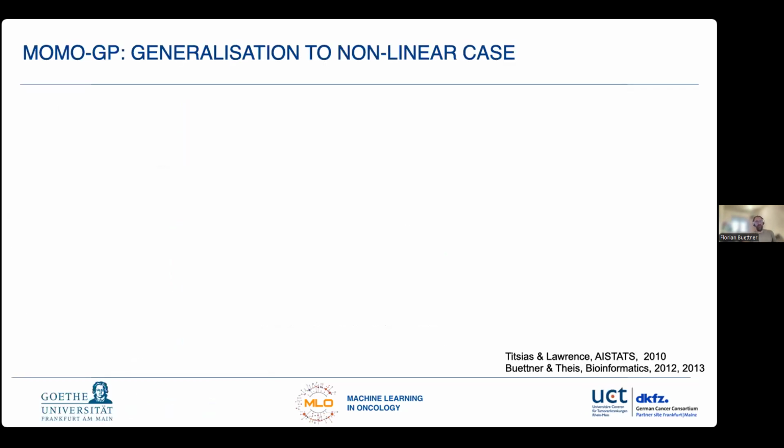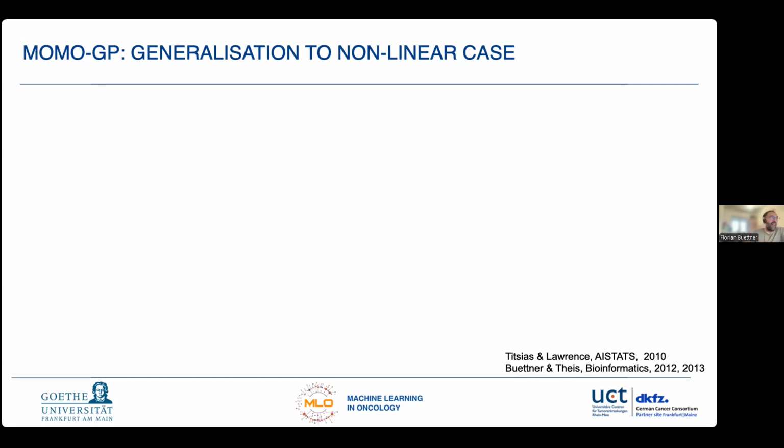Okay, so that was all about this MOFA-type modeling, where we leverage interpretability via these pathway factors. But of course, it also has one major drawback, which is that it's a linear model.